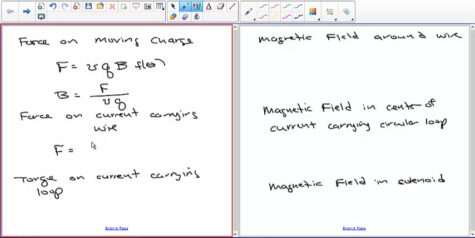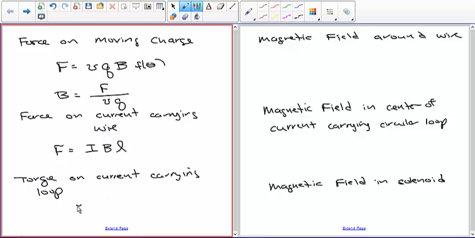Because a wire is just a bunch of charges moving in a common bulk direction determined by the wire, the force on a current carrying wire is equal to the current times the magnetic field strength times the length. It's just taking each individual charge in the current and summing them up.